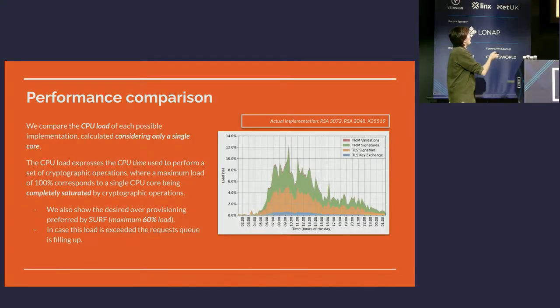We also want to show the desired over-provisioning preferred by SURF, the operator. They said that they want to at least have a 60% load of over-provisioning to ease all the operations. In case the load is exceeded, so in our case 100%, it means that the queue is filling up. SURF would rather not go over 60%.